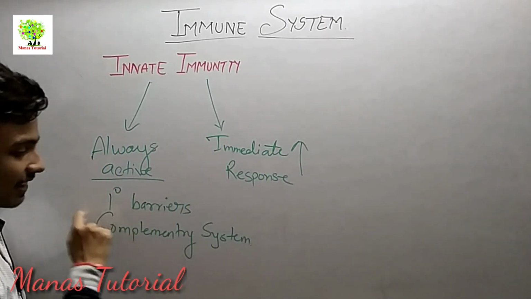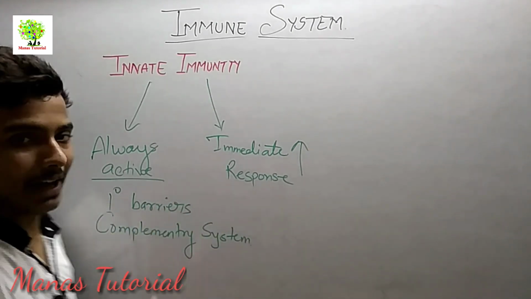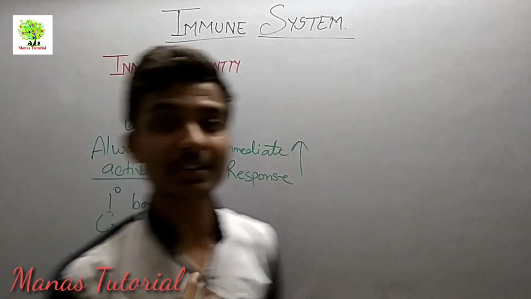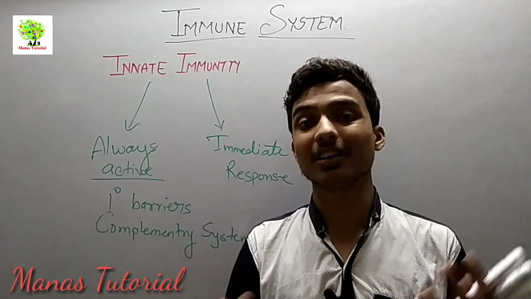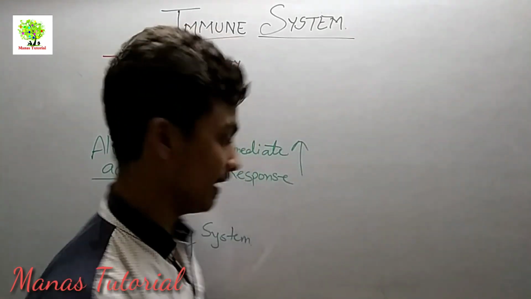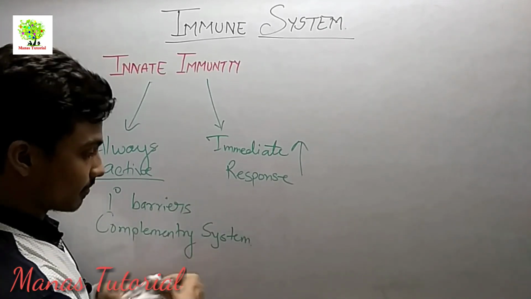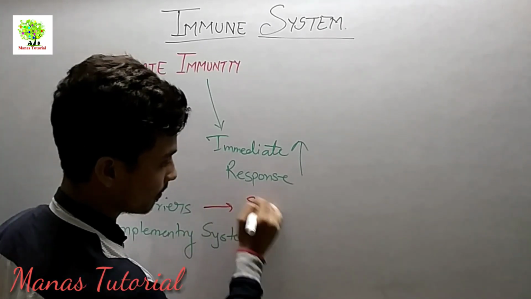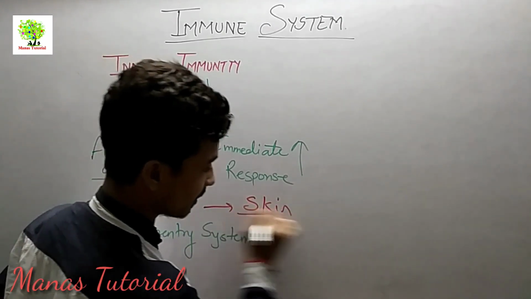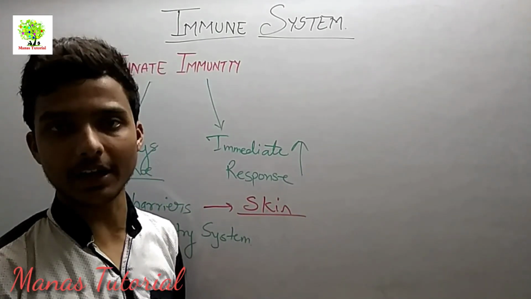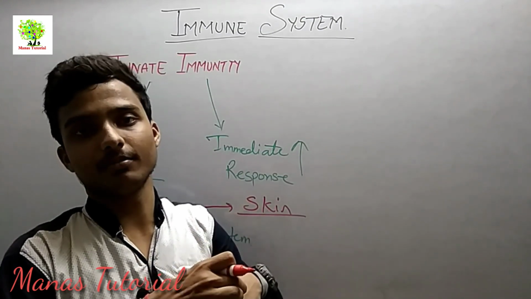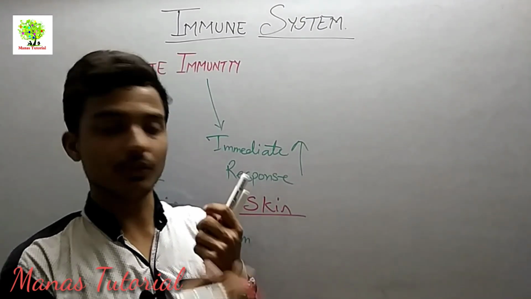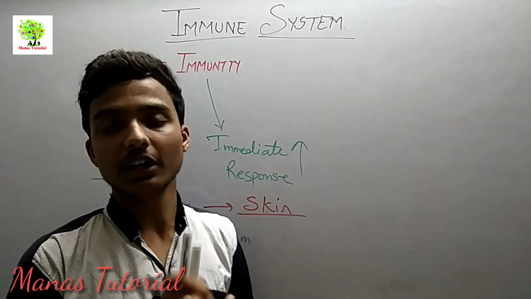Now, we will first discuss what a primary barrier is. There are some cells, groups of cells or organs which act as a barrier. For example, skin. Skin is a primary barrier which protects our body from the surface, so nothing can enter the body.